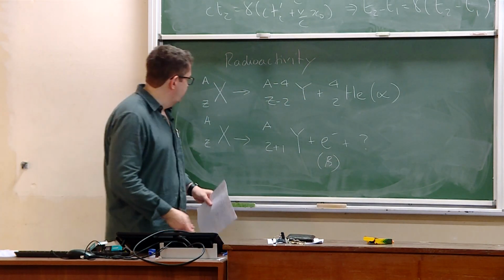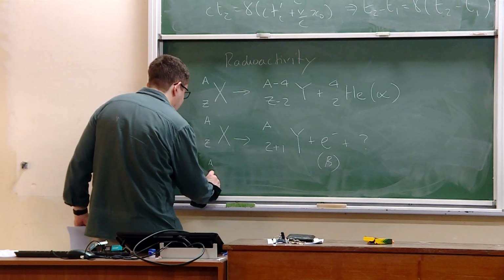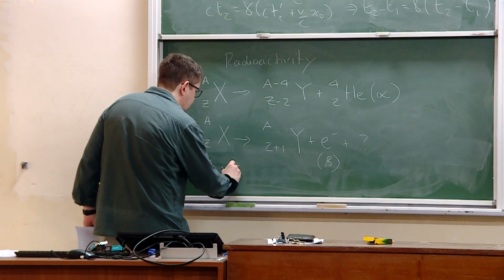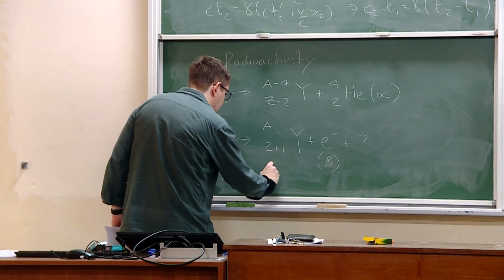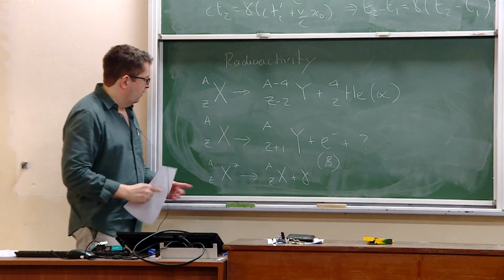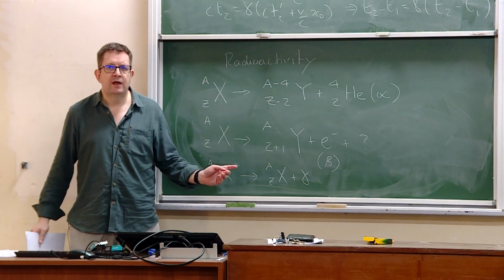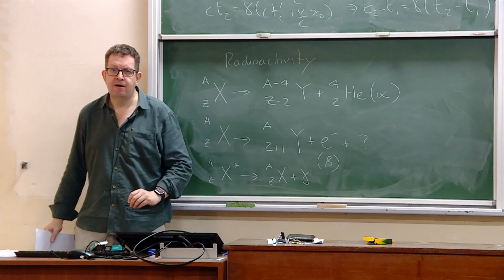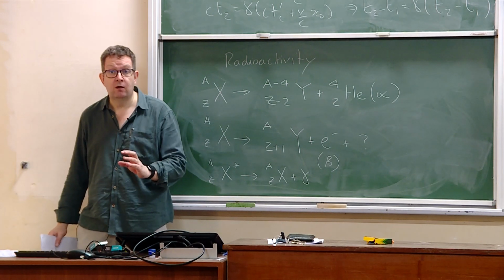And then the last one, that's least interesting in many ways, where you have nothing changing in the nucleus, but a photon being radiated out of the nucleus. That's a gamma ray.